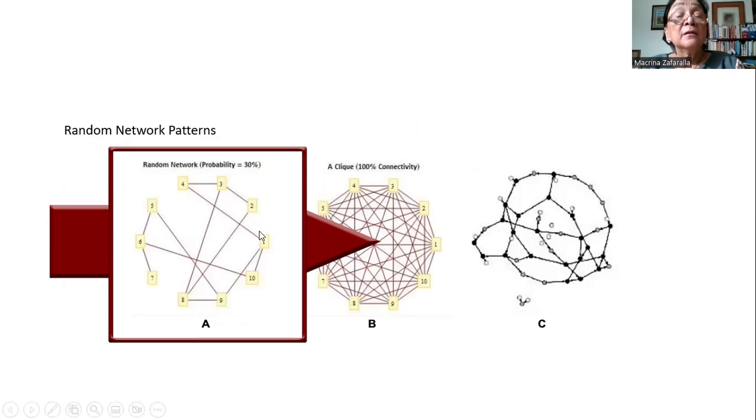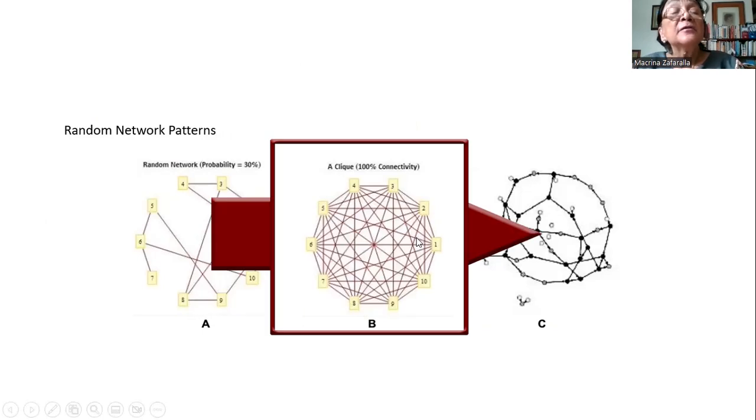In A, there is 30% connectivity. This was determined by counting the number of lines or connections between nodes and the number of missing links. Here is another random network pattern where the connectivity is 100% because this node here has a connection right here.